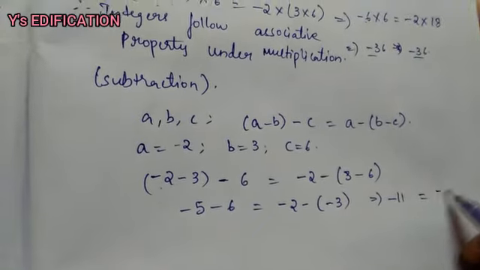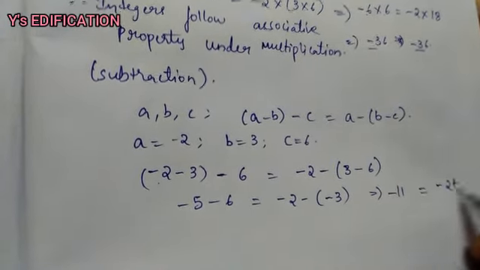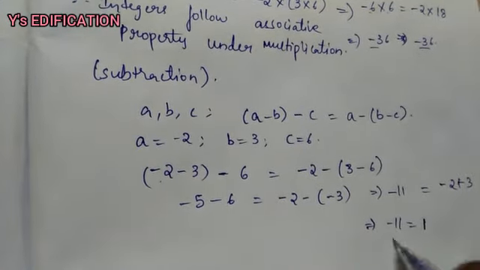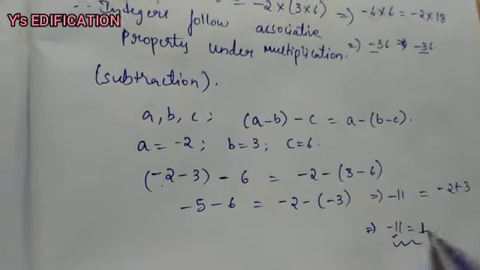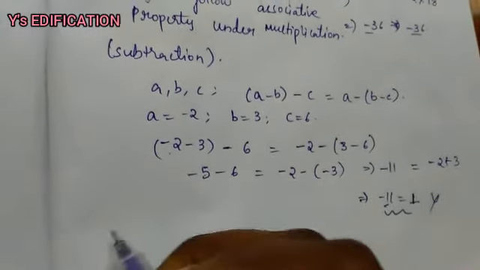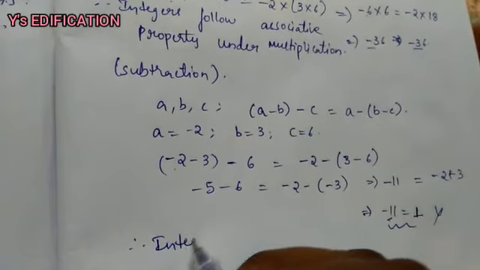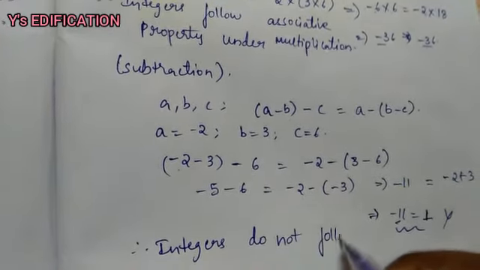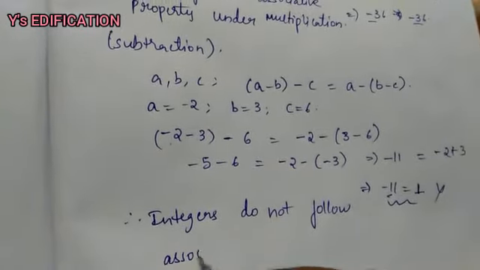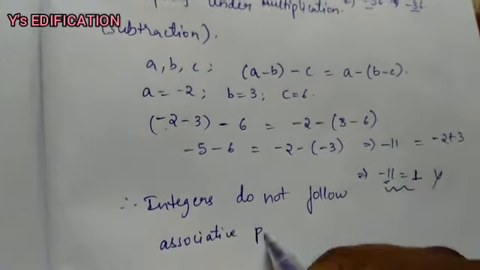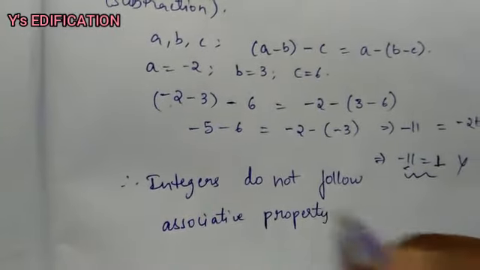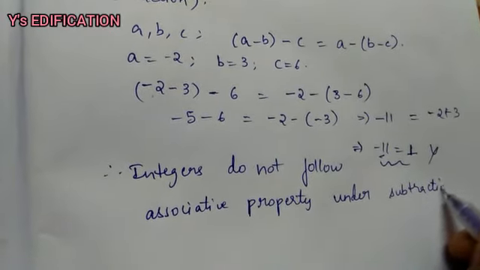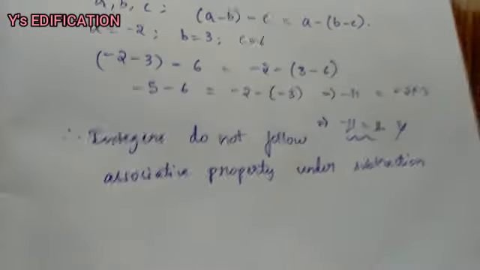Minus 2 minus minus 3 is minus 2 plus 3, which is 1. Here see, the LHS is minus 11, RHS is 1. So this is not equal. So we can say that integers do not follow associative property under subtraction.